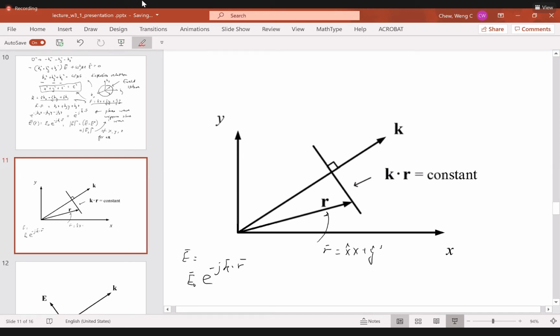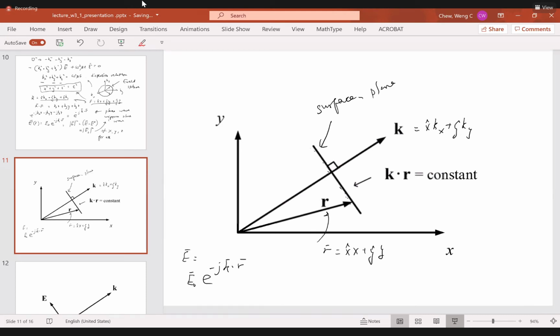And then you pick it such that k vector, we call it a wave vector. If you pick these two vectors such that k dot r is always a constant, can you see that on this surface, or this plane, k dot r is always the same? No matter where r is, you can pick r on any point on this surface.